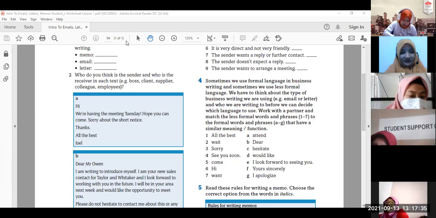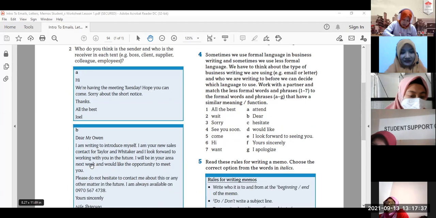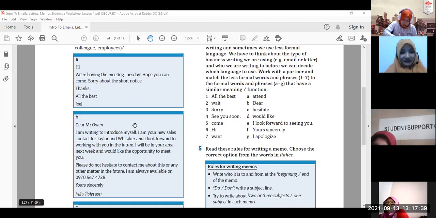And then how about B, everyone? Is it from the boss, or the supplier, or the client, the customer? The sender is the employee or customer, and the receiver is the boss.